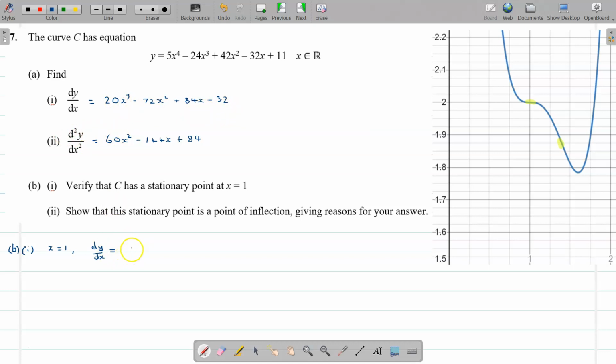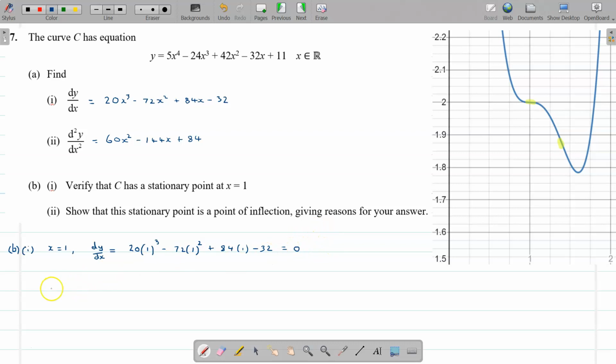But you need to show that you're doing that by writing it down as a substitution. So 20 times 1 cubed minus 72 times 1 squared plus 84 times 1 minus 32. And that does equal 0, which is what we wanted.